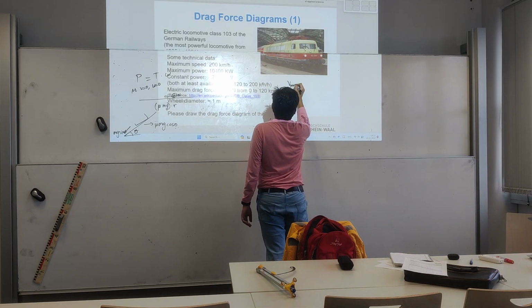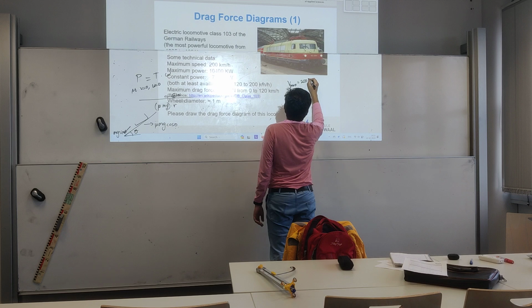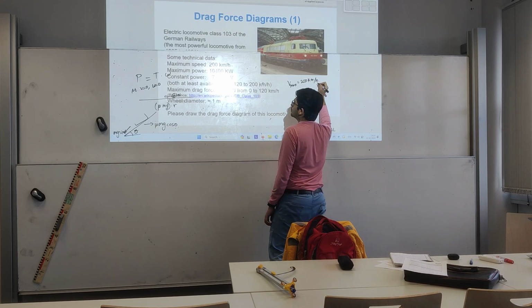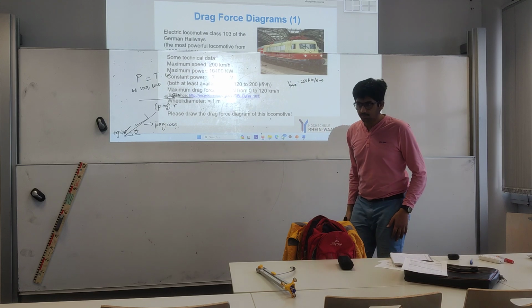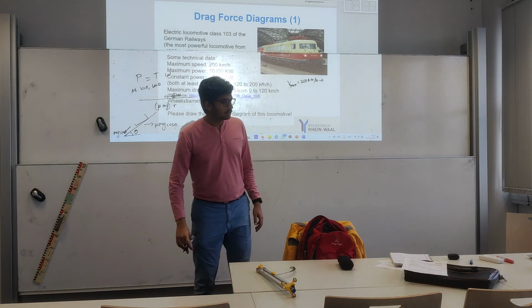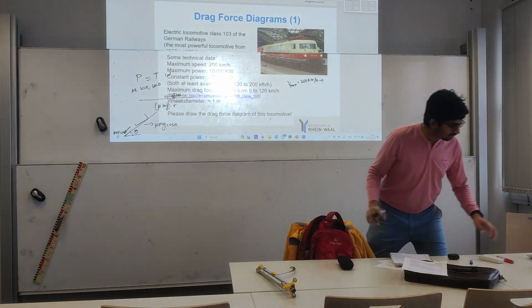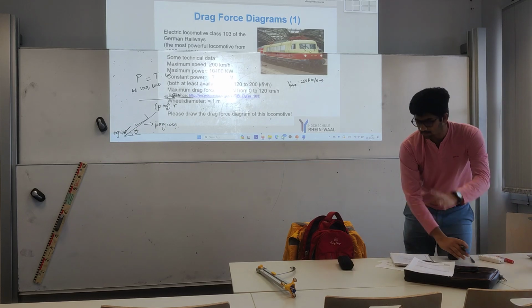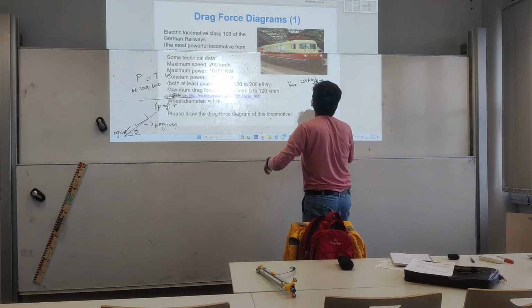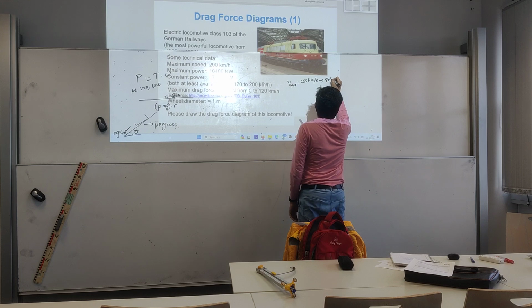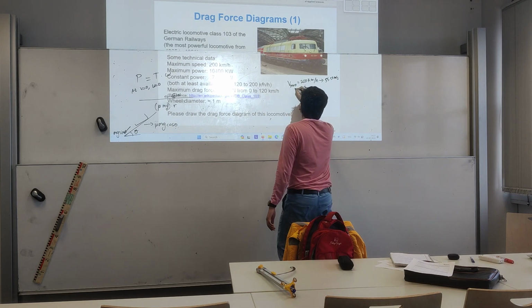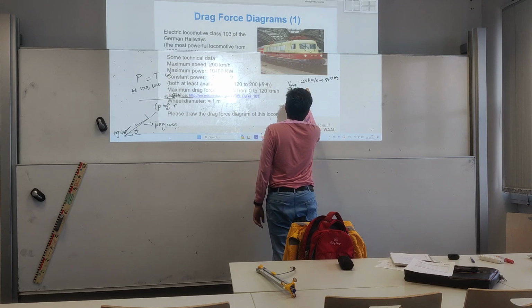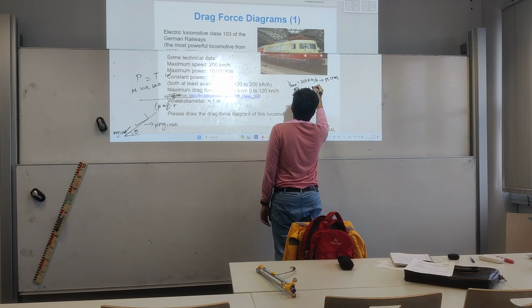Vmax is 200 kilometers per hour. How much does that become in meters per second? Multiply by 5 by 18. 55.55 meters per second. Pmax is 10.4 megawatt.